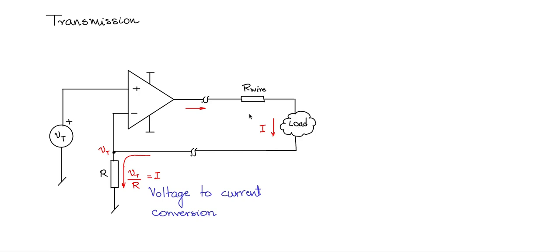So let us try to understand some salient points of this circuit. So one is R wire plus R load is the feedback resistance, what we would normally write as R2.